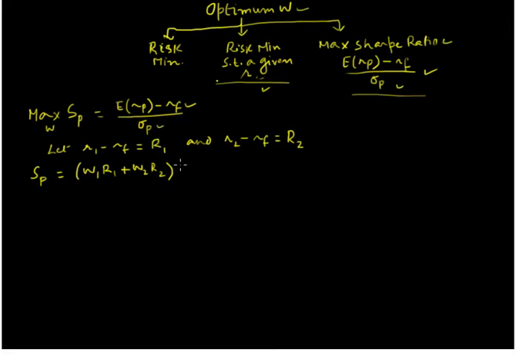Therefore, I am going to multiply the standard deviation by writing W1 squared times variance of the first asset plus W2 squared times the variance of the second asset plus 2 times W1 W2 times covariance between the returns of the two assets.